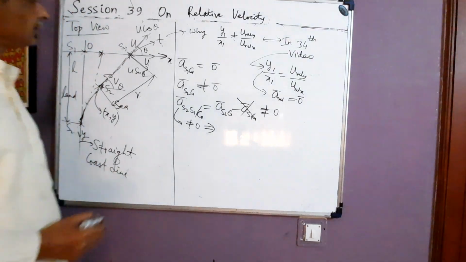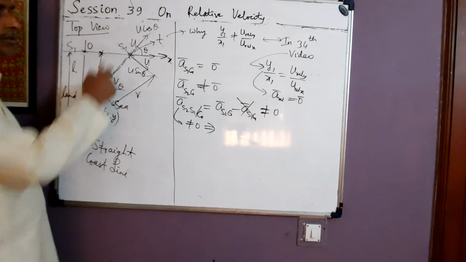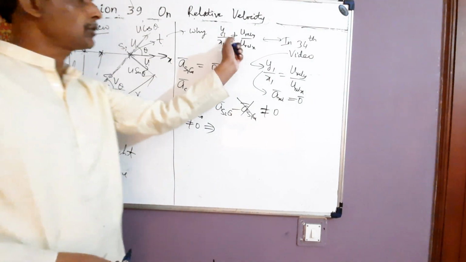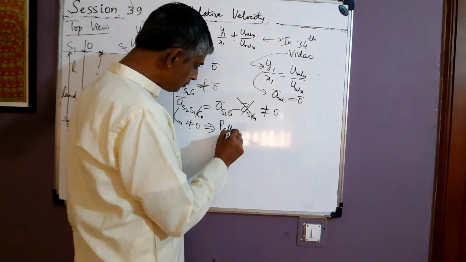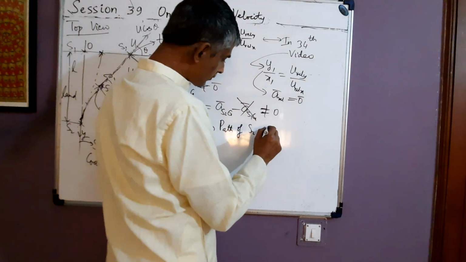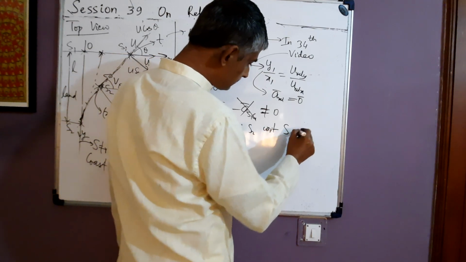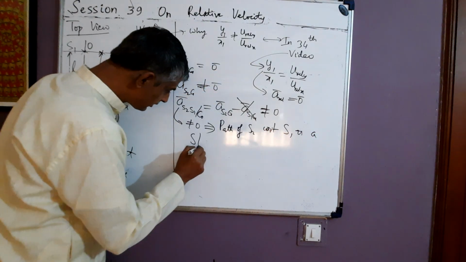So we cannot say that the path of S2 as seen by S1 is a straight path. Therefore this equation is not valid.